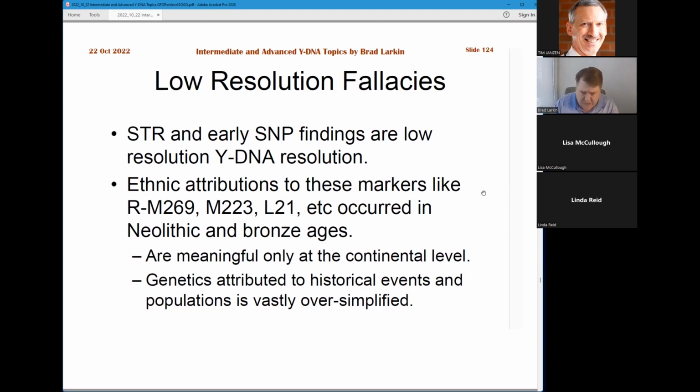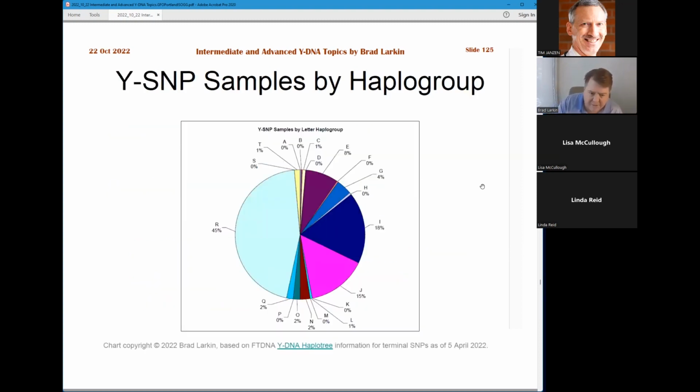By the same token, we also see that genetics attributed to historical events and populations are often vastly oversimplified. We already gave an example with the Viking study. This is just a look at what the Y samples are for FTDNA overall. R is 45%.